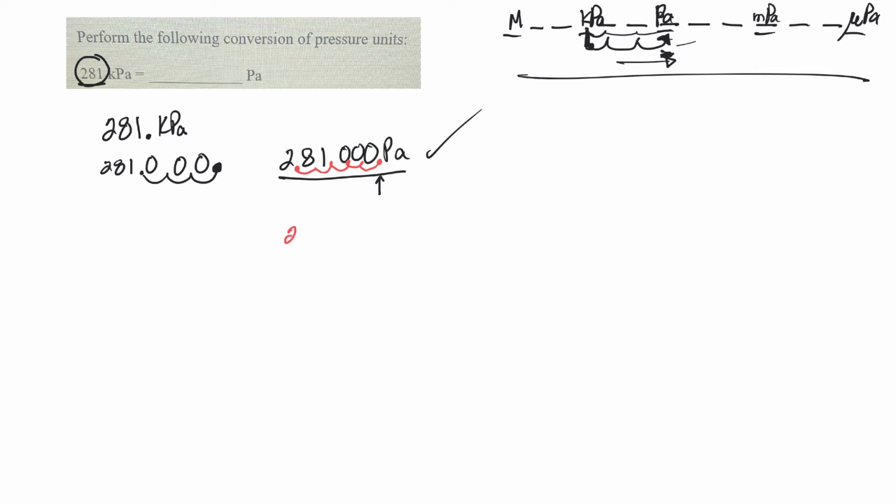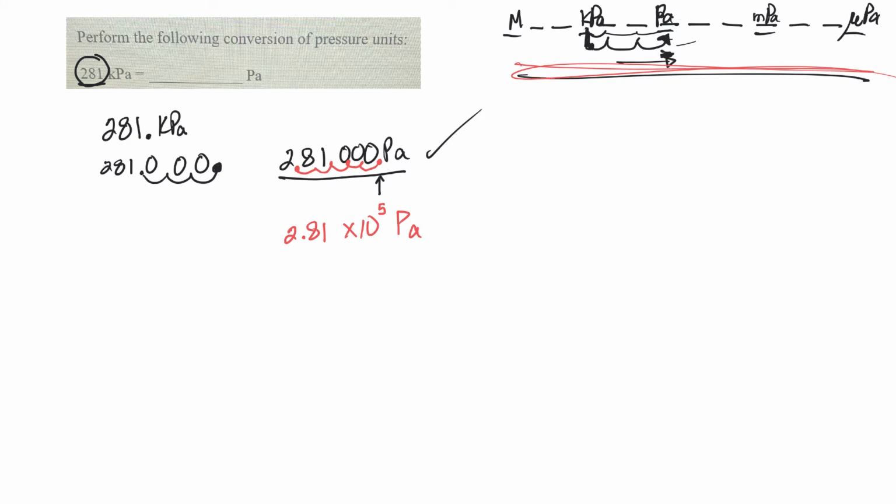So this would be the same as 2.81. Notice I don't put any more zeros there because I already have my 3 sig figs. So times 10 to the, I moved it over to the left 5, so it would be 5. And that would be pascals. Okay, so that's one way you could do it with the metric system.